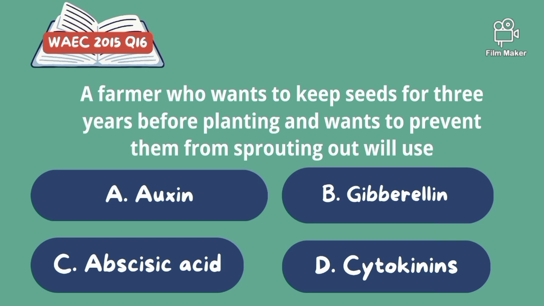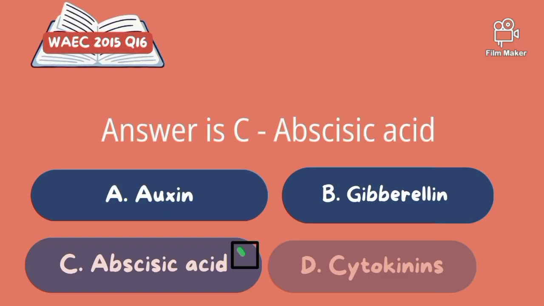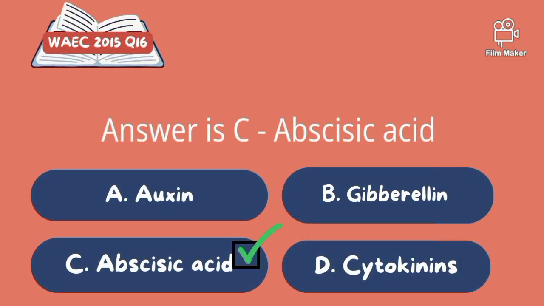Abscisic acid. The farmer will use abscisic acid because abscisic acid is known to induce and maintain dormancy in seeds. It also inhibits germination. Abscisic acid also helps to withstand various stresses like drought and cold during the storage period.